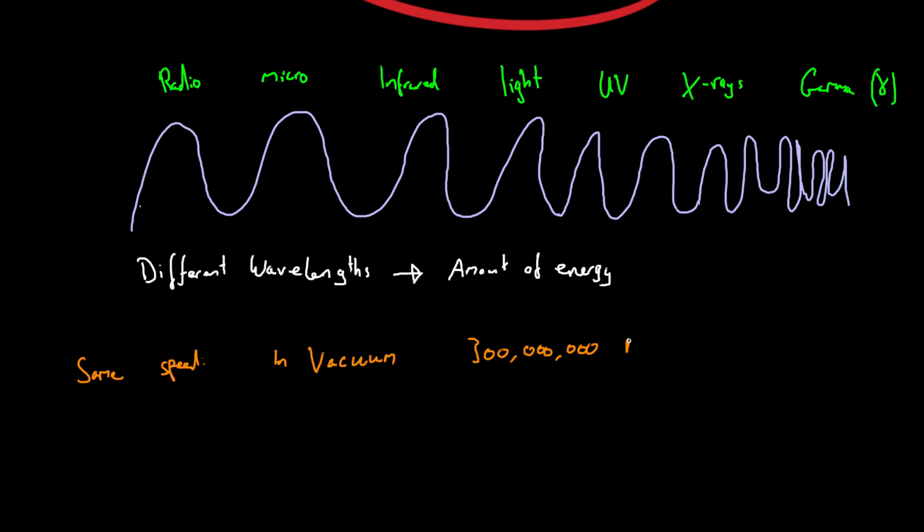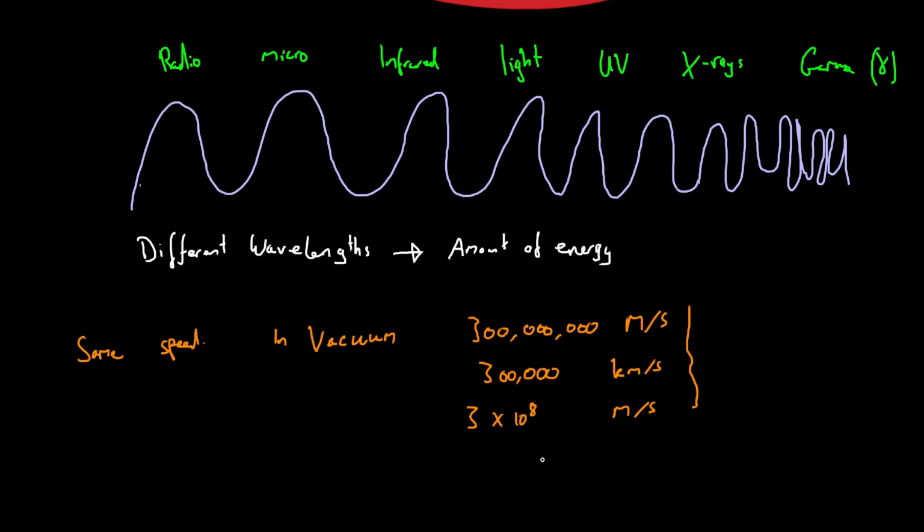You could call this 300,000 kilometers per second, because this is the same thing. Or sometimes you'll see it written in standard form, which is 3 times 10 to the 8 meters per second. All three of these ways of writing it are exactly the same. We're just using either different units or we're using a different form.